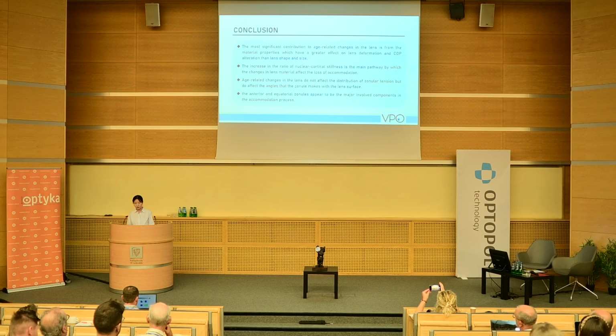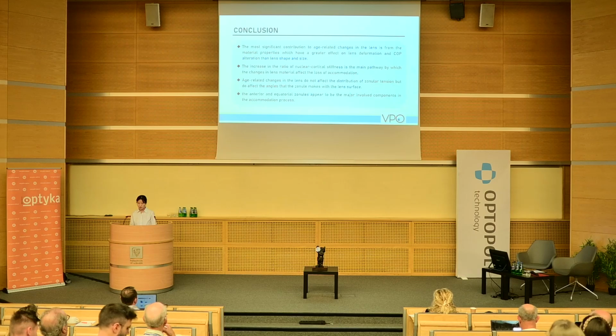In conclusion, our study shows that the most significant contribution to age-related change in the lens comes from its material properties, which have a greater impact on lens deformation and COP alteration than shape and size.